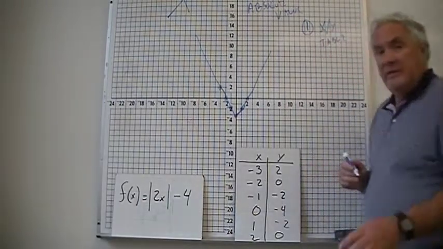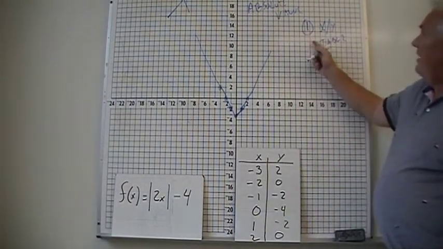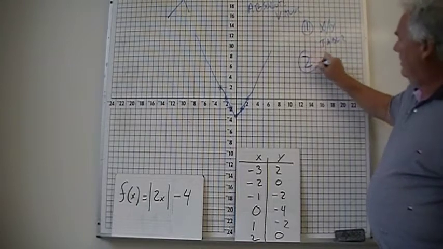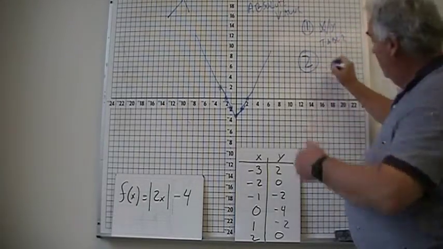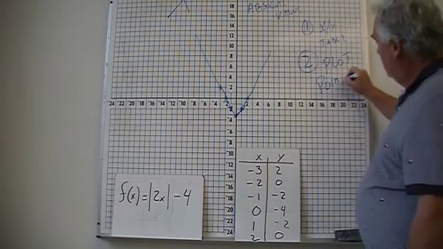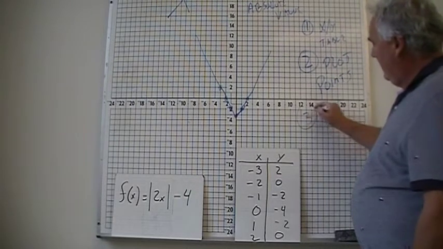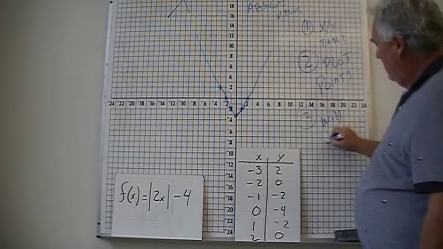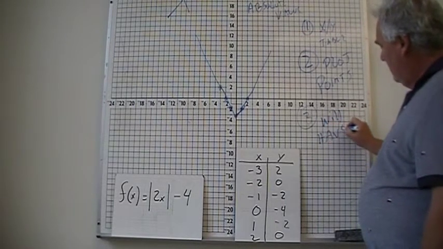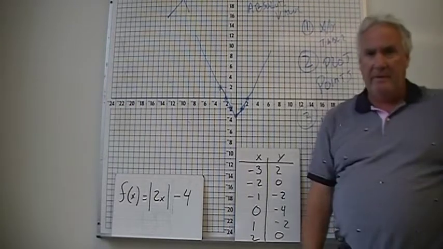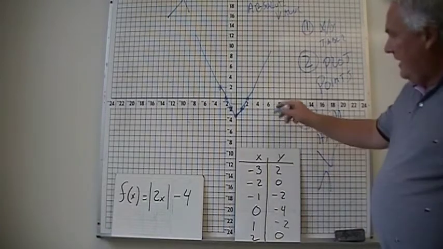So the steps for graphing an absolute value function: 1, make an xy table. 2, plot the points. And 3, you will have either a V or an upside down V. And that's always going to happen.